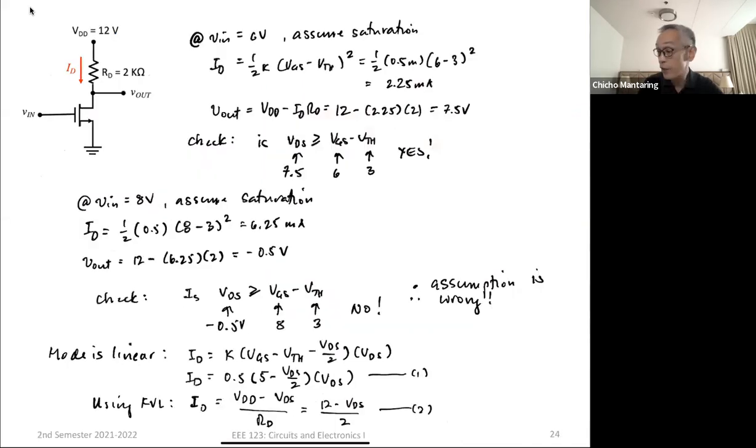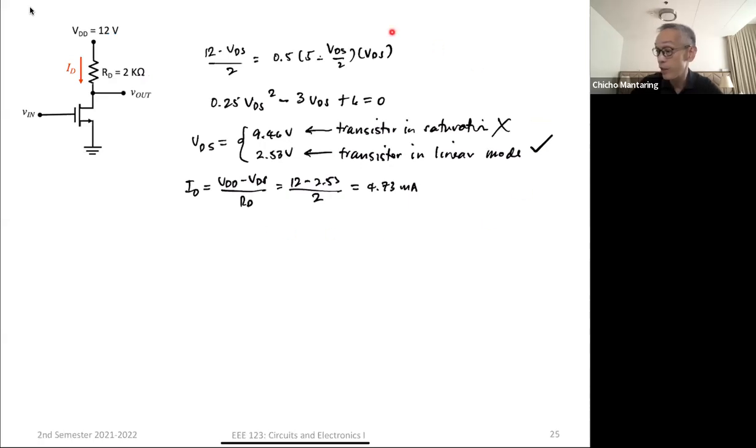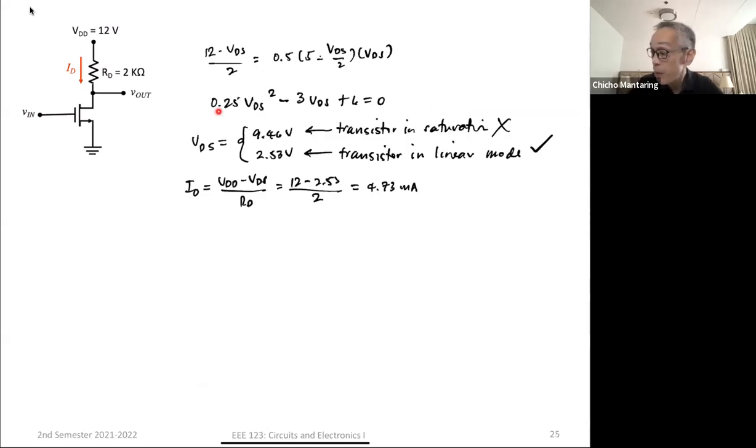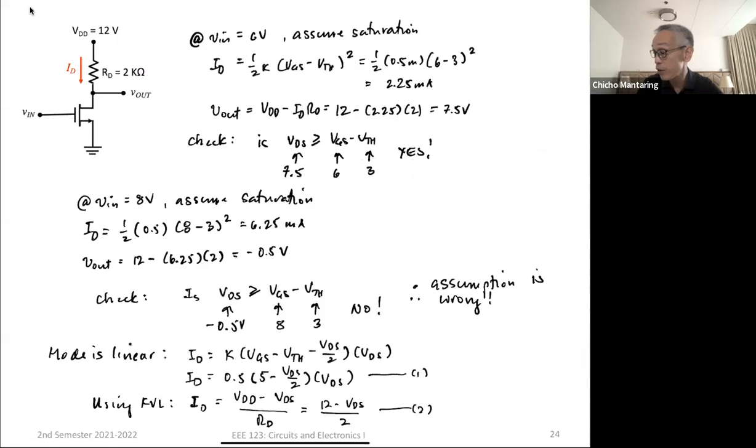When we did the recalculation, we had to combine two equations, and we came up with a quadratic equation which has two roots. From the two roots, we had to choose the correct value of VDS, based on the fact that we assumed it is in linear mode. The other root was in saturation mode. Then we were able to compute the value of I sub D, which is 4.73.